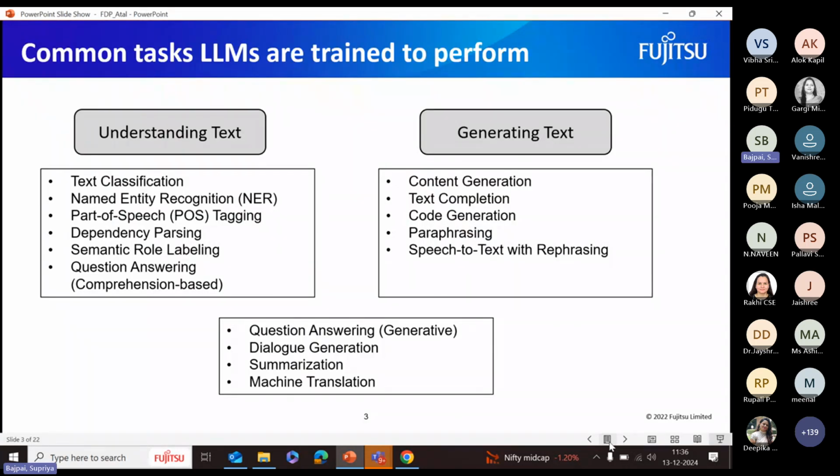LLMs, if we broadly categorize, are trained on two main tasks: understanding text and generating text. First is understanding text. What does understanding mean? Suppose a person gives a review about a product. We want to classify whether the person is happy or not happy about the product.